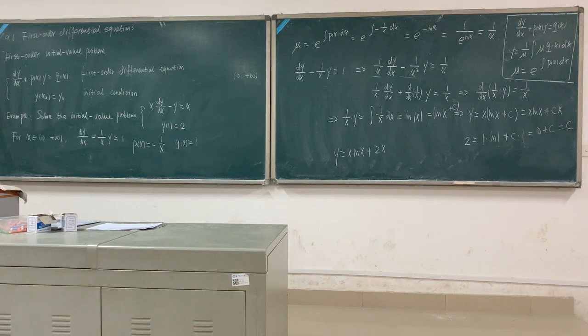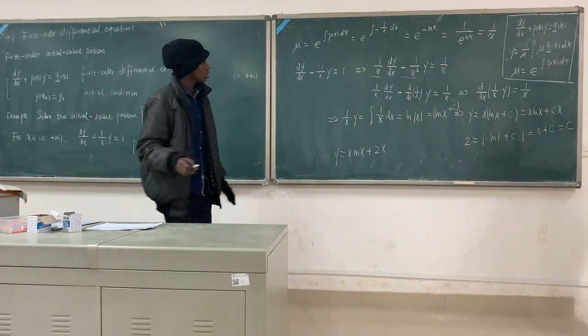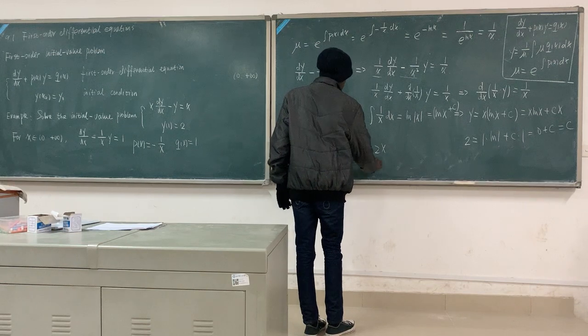So this is the formula. Here is 1 by mu, where mu is e to the power of the antiderivative of p(x), because we are finding this one.